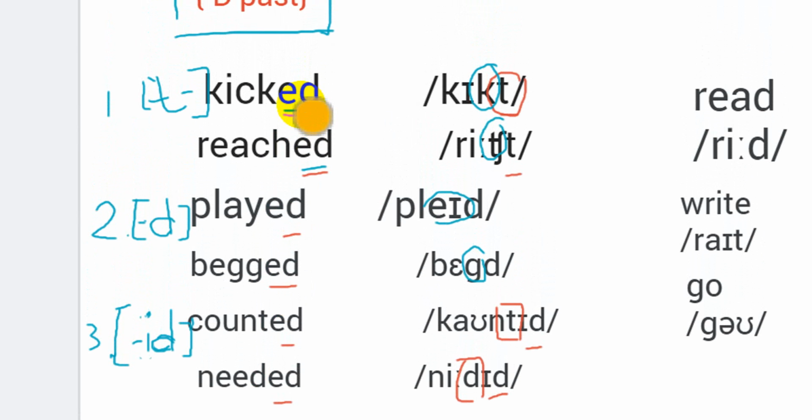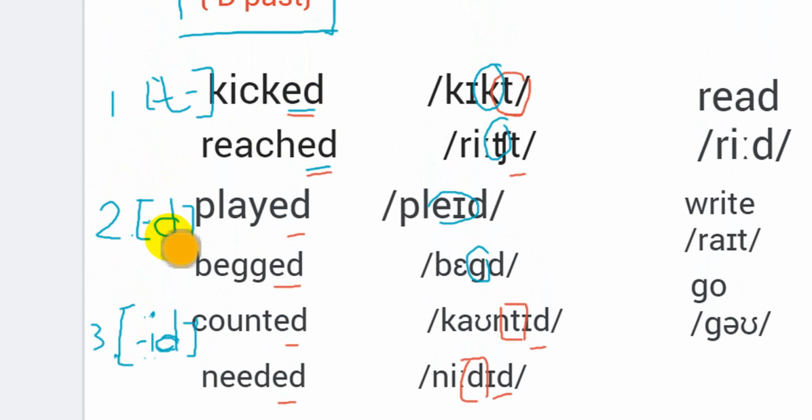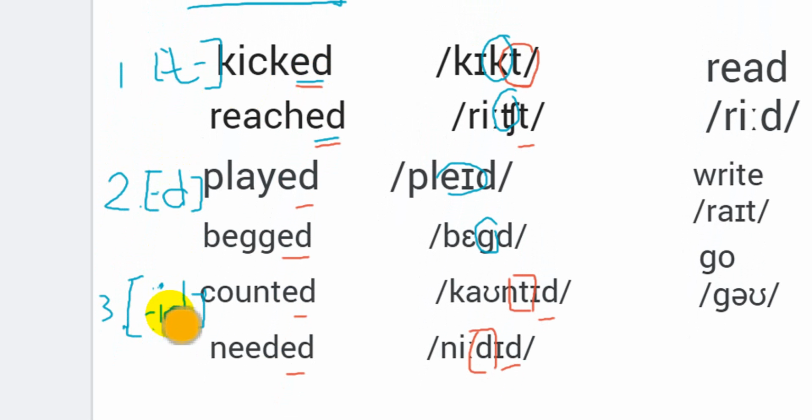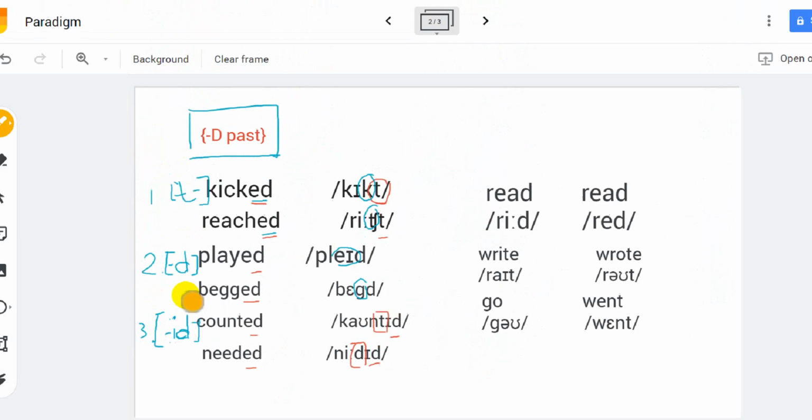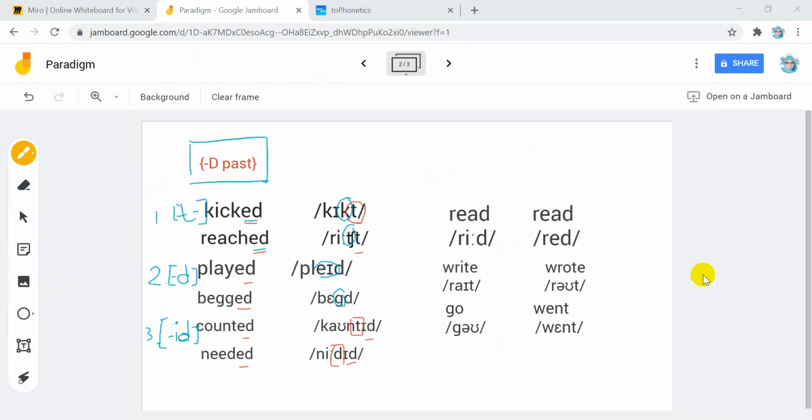However, the ed ending can be pronounced as the, okay, the and it. It is pronounced as the because the last sound in the word ends with k and j.